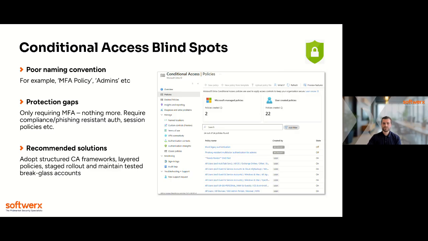So best practice, make sure the title exposes what's configured in the policy, because if not, it's going to be a nightmare to control, and you're not going to see what's configured, and blind spots can then start to occur. Again, talking about blind spots, are you 100% sure there are no protection gaps? So you've got no accounts or applications being bypassed from any of the policies.